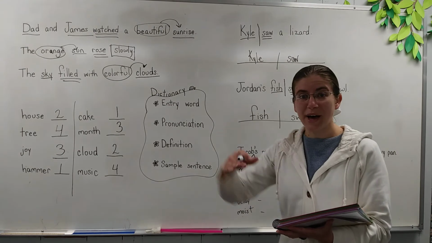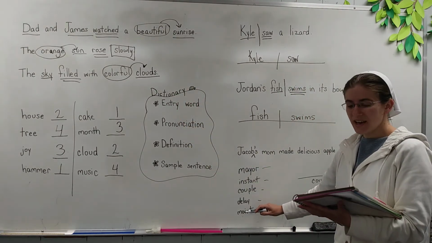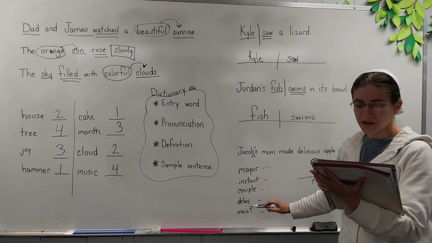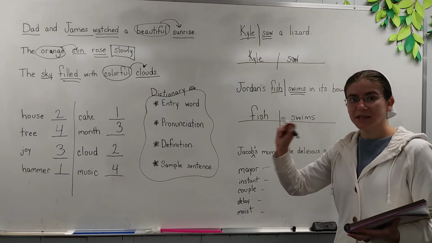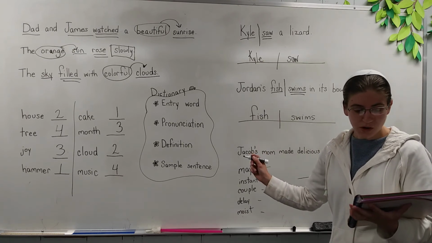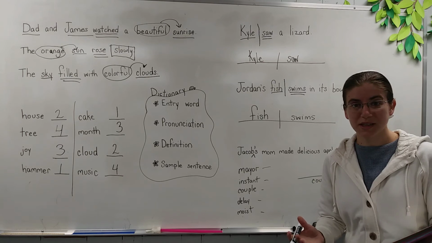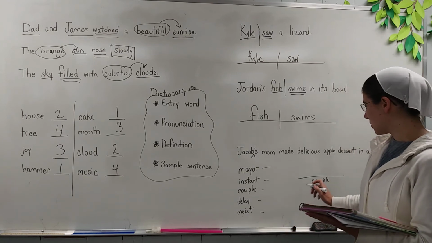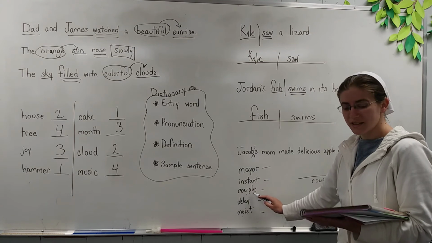So look back up at your dictionary entries, and at the end of each one, or at the end of most of them, it says synonyms, and then it gives some words that are synonyms. Synonyms are words that mean the same thing. So look up at your entries and find couple, and then let's read it.